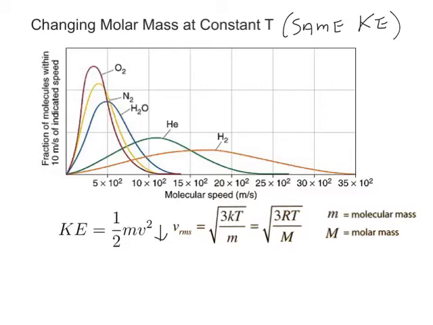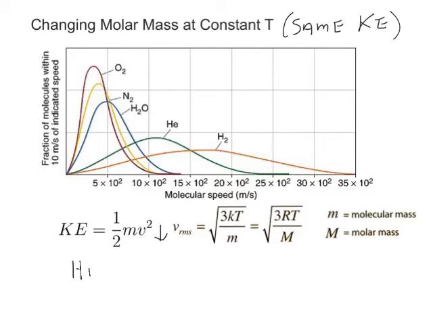So if we compare hydrogen, a very low molecular mass, to oxygen at the same temperature, the value for its velocity needs to be lower because the mass value is bigger. And like on the previous slide, as you go to lower velocities, your curve needs to get narrower too. So make sure that you accomplish both of those things.